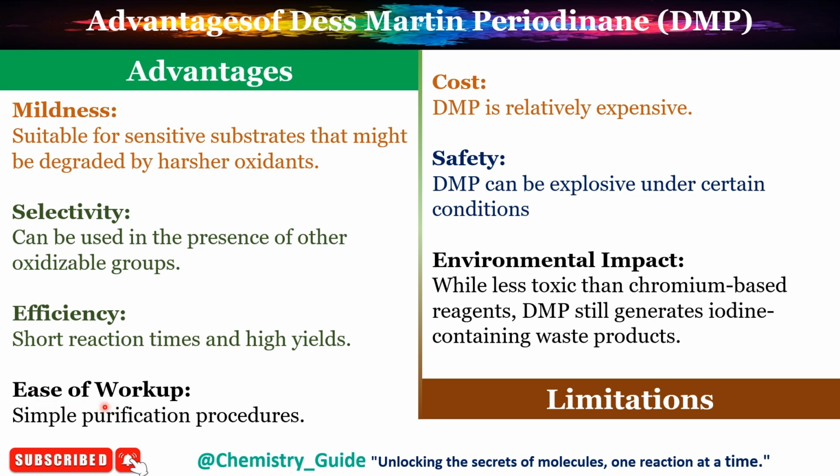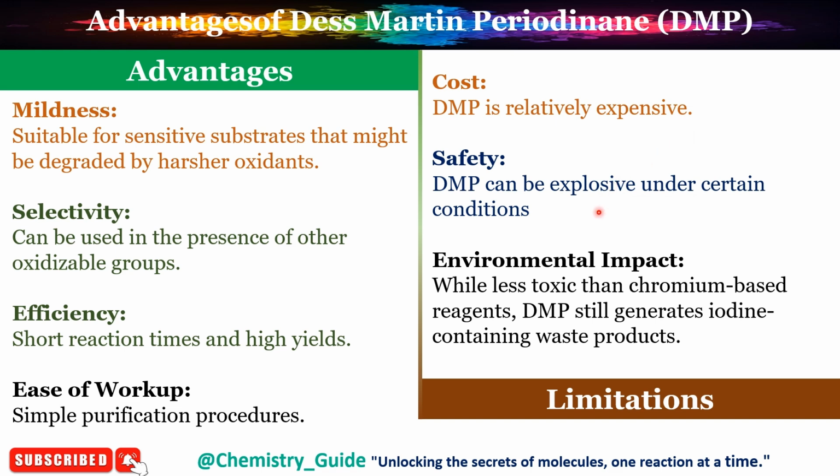Workup is generally done by quenching the reaction mixture with the help of saturated bicarbonate or saturated carbonate solution to remove the acid impurity formed during the reaction. But there are some limitations in the DMP. The first one is the cost. The DMP is relatively expensive compared to other oxidizing agents. Safety is one of the concerns.